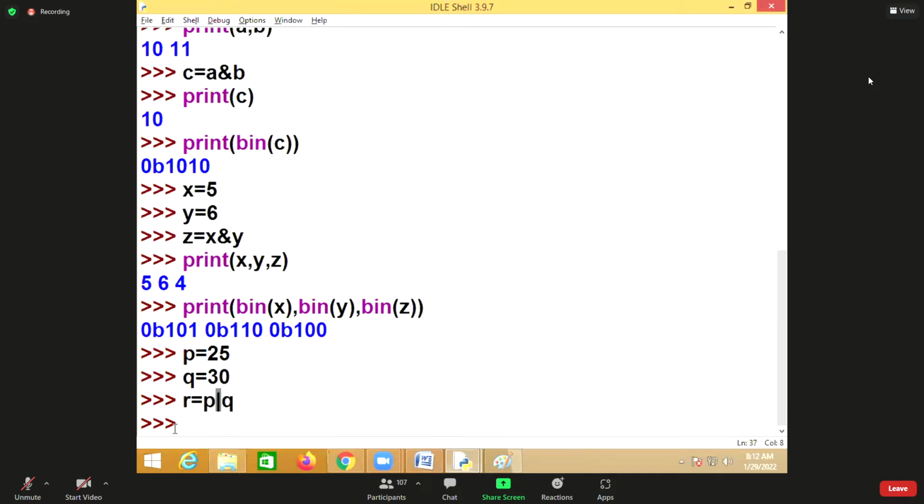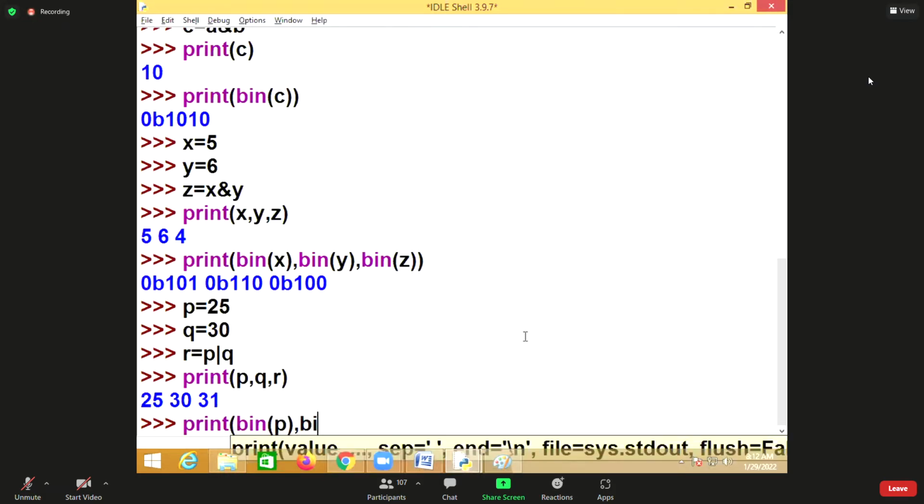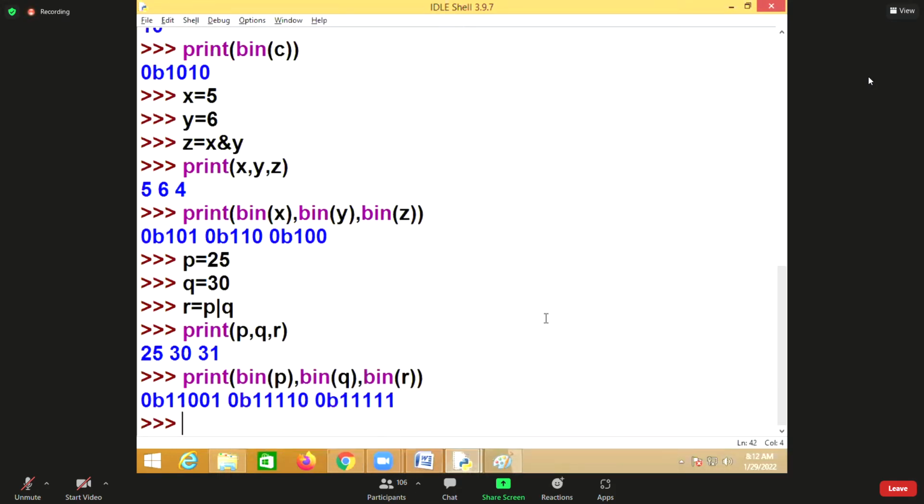Bitwise OR operator. And I'm trying to print the P value, Q value, and R value. But first you have to find the binary of which one? P, and then find the binary of Q, then see the result as the binary of R.